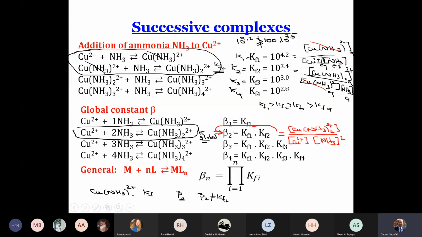So beta 2 is equal to Kf1 times Kf2. Beta 3 is equal to Kf1, Kf2 times Kf3. Beta 4 is equal to Kf1, Kf2, Kf3 times Kf4. So as a relation, beta is the multiplication of Kfi when i is between 1 and n.